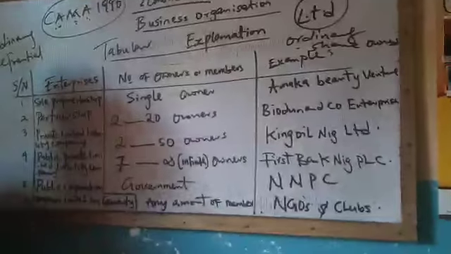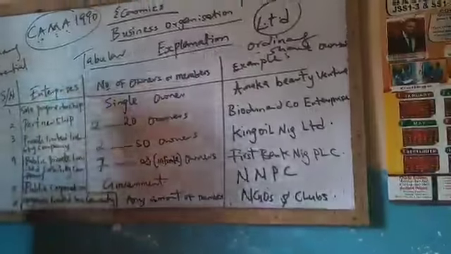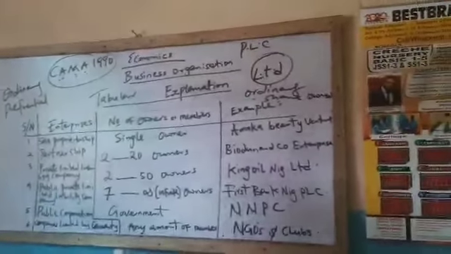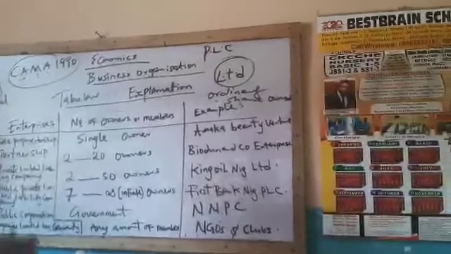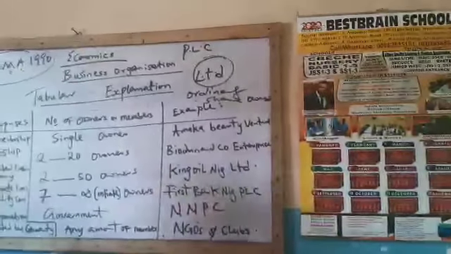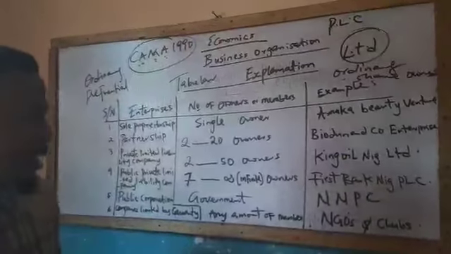Company limited by guarantee. The guarantee there is the owners have signed a written agreement that whenever this company comes to an end or liquidates, they are going to take care of what? The liquidation cost and pay off all the creditors of the company in the event of liquidation.